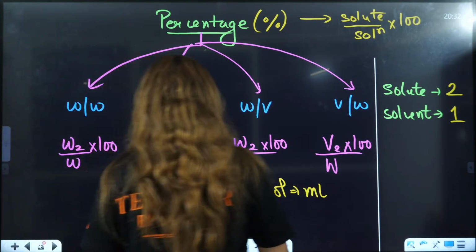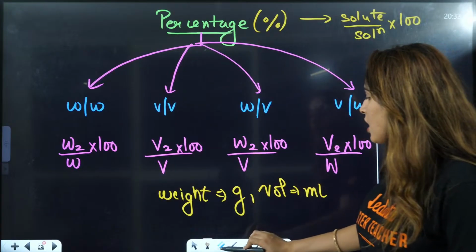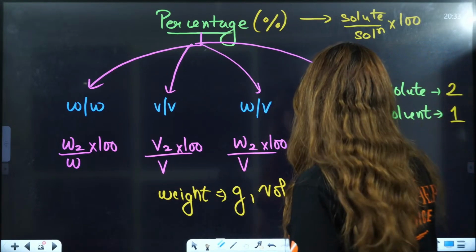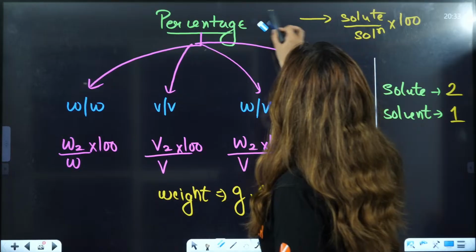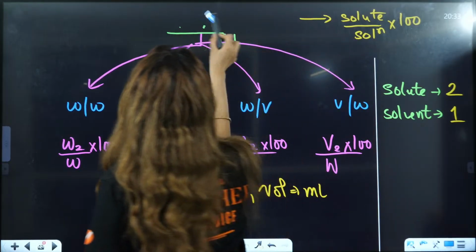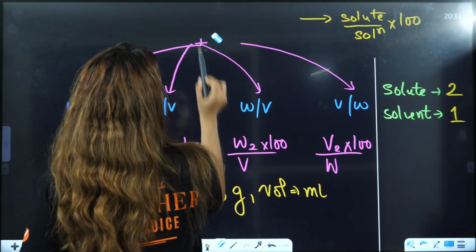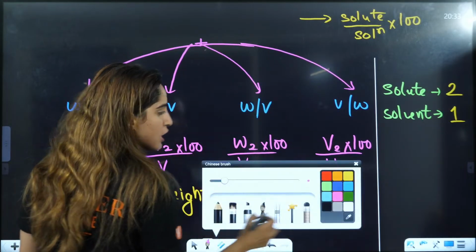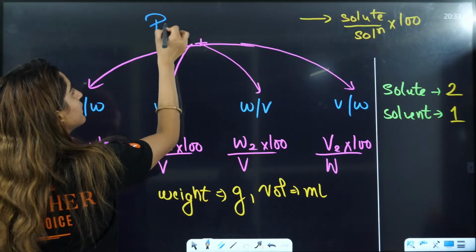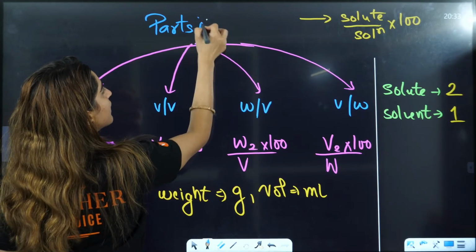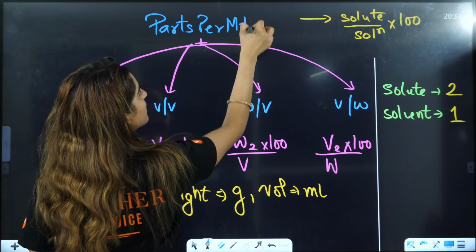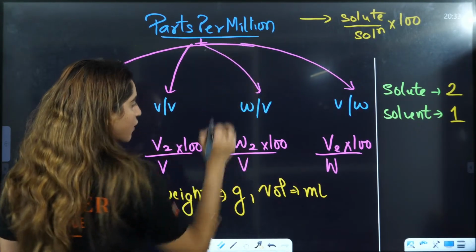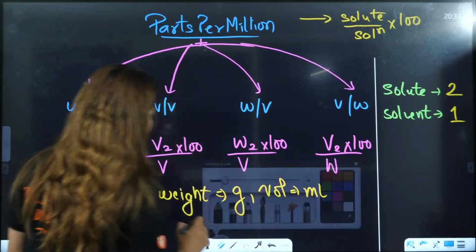What you have to change is, instead of percentage, you have parts per million, that is ppm. Now, what is the difference that you will see?